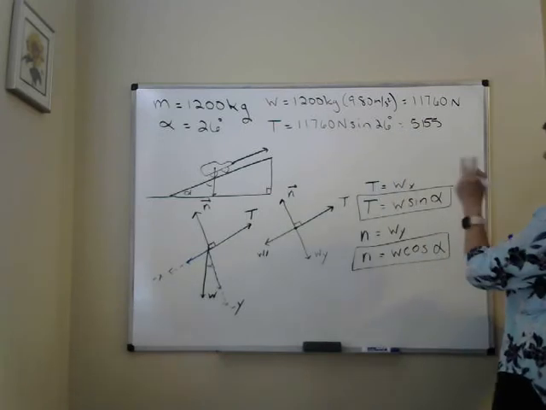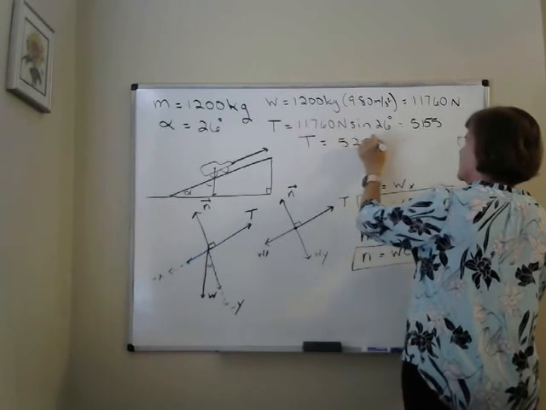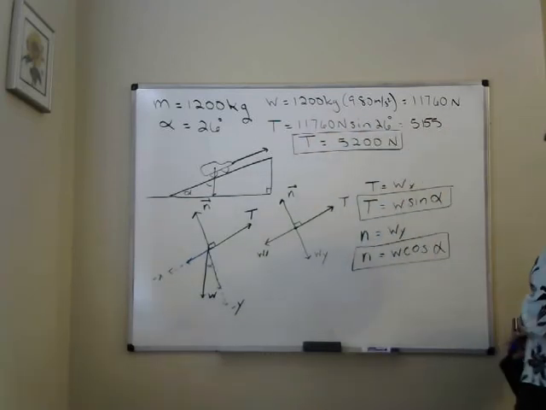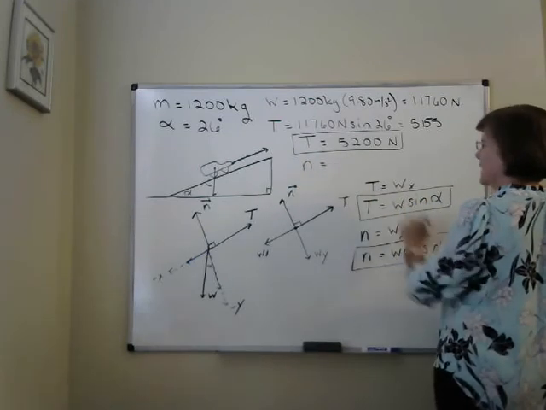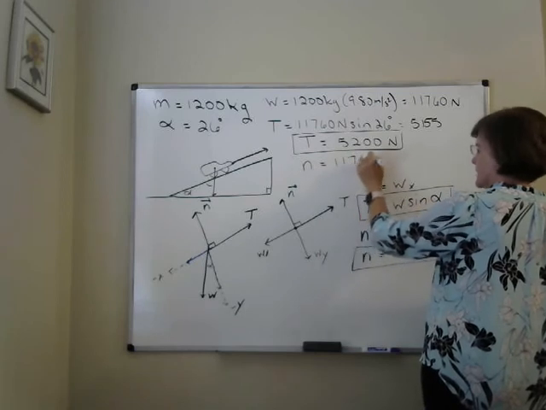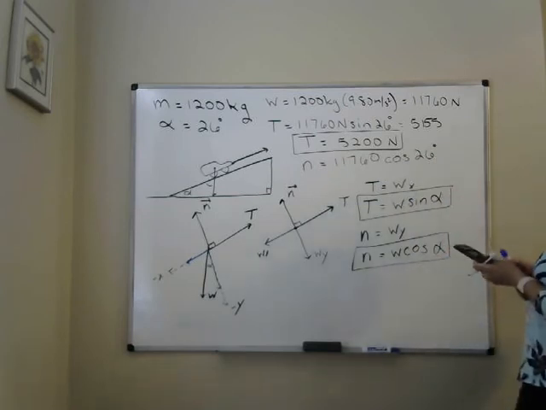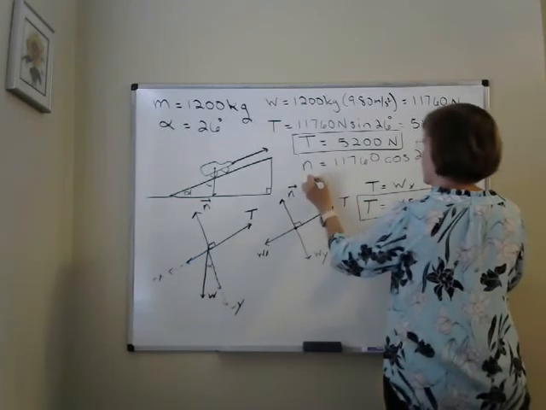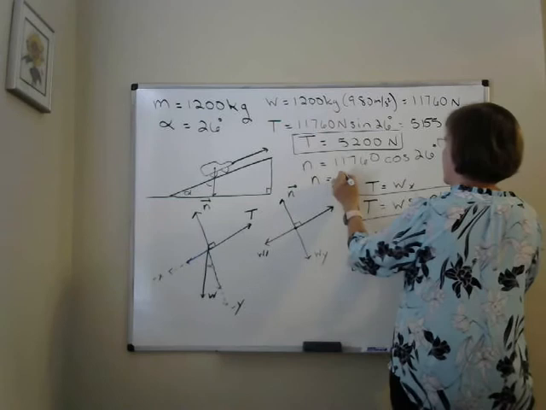I only have two significant digits, so I'm going to say that the tension in the chain is 5,200 newtons for that specific example. And the normal force, it's W cosine alpha, is 11,760 cosine 26 degrees. And I get that the normal force to two significant digits is 11,000.